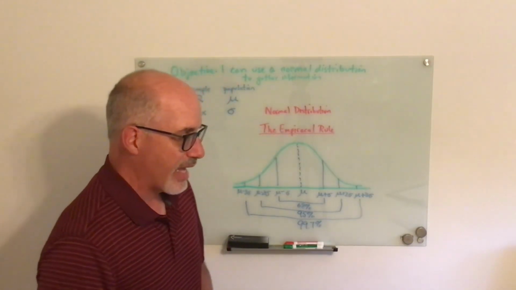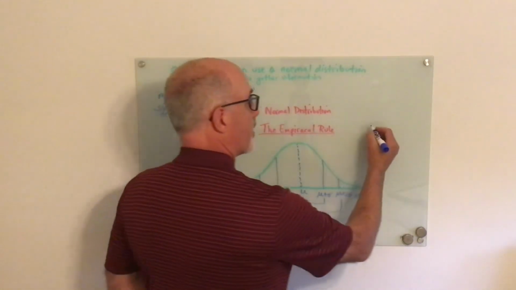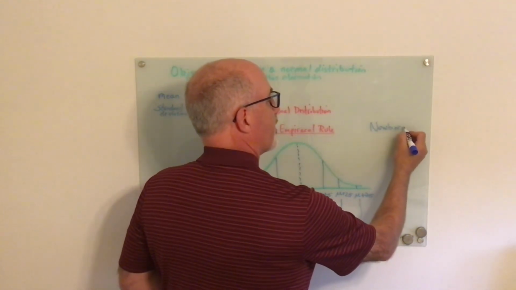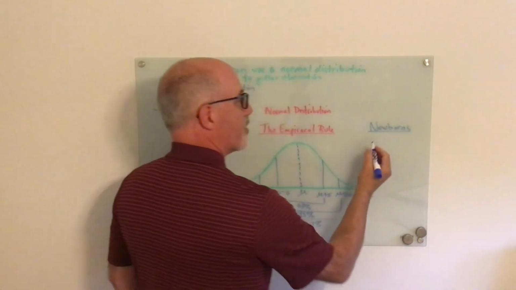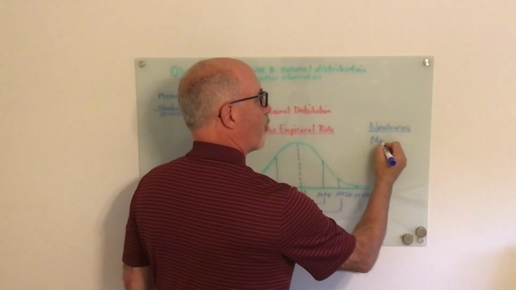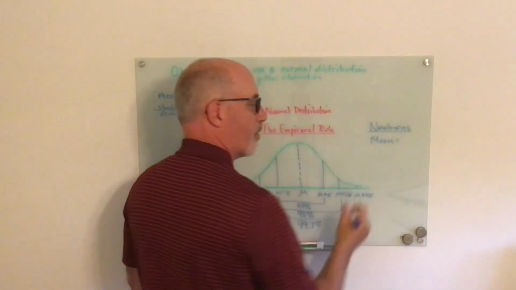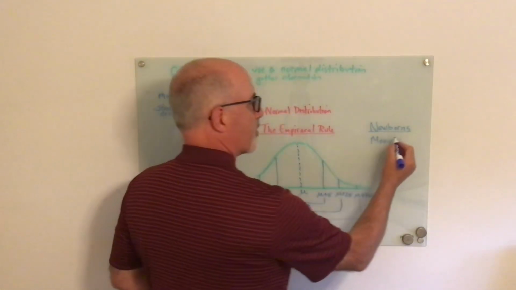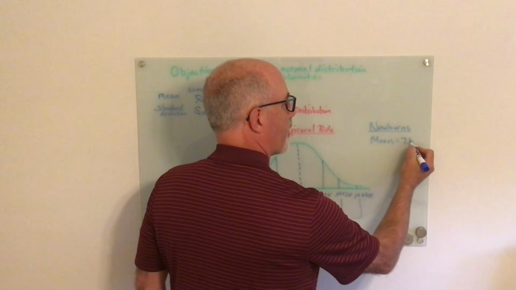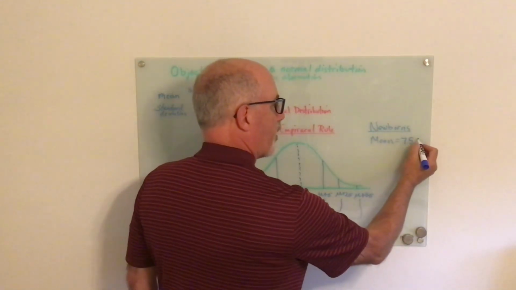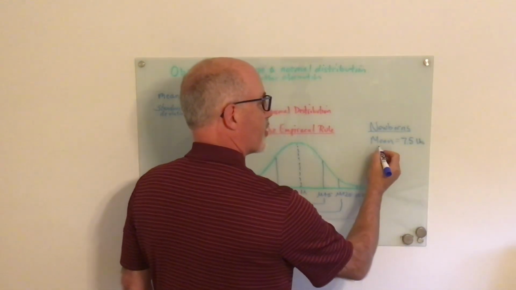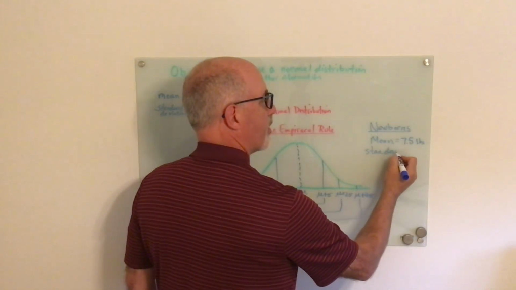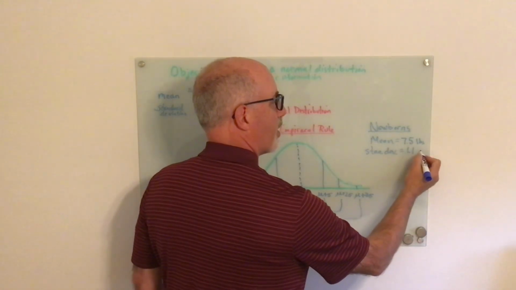An example of that is if we talk about newborns, using an actual data set. If you weigh newborns, their mean birth weight is about 7.5 pounds, and their standard deviation is about 1.1 pounds.